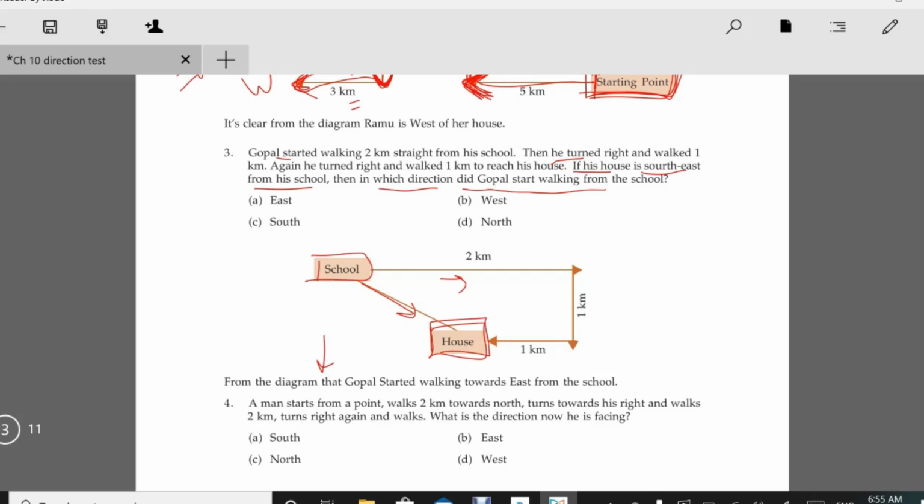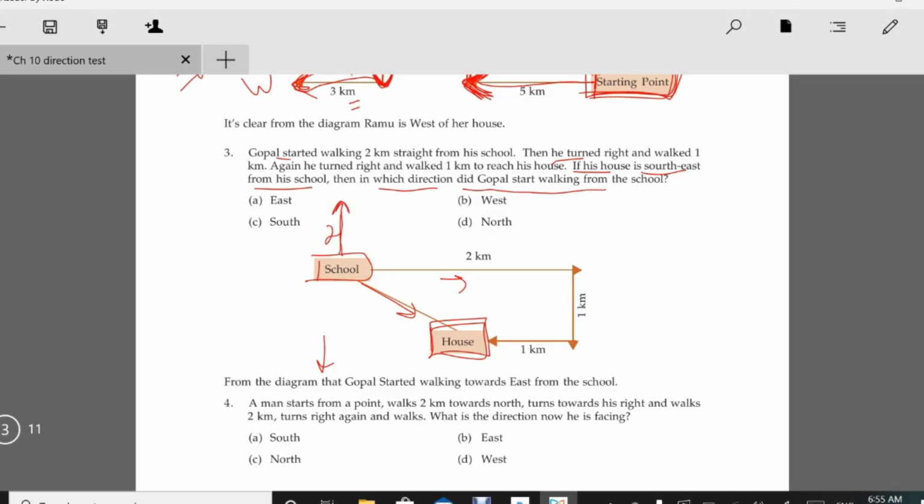Suppose we assume that Gopal was walking towards north. He started walking straight towards north. Suppose we assume that. So now let us read the question and draw the diagram. Supposedly he is walking north. Gopal started walking 2 kilometers straight from his school. Very good. Then he turned right.